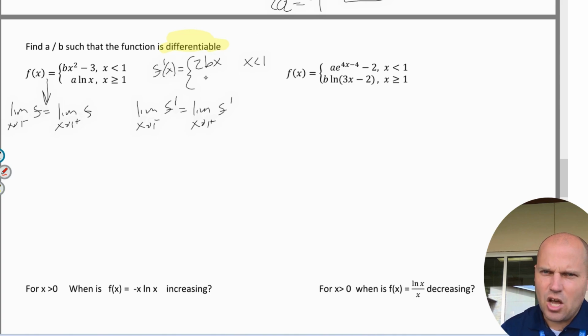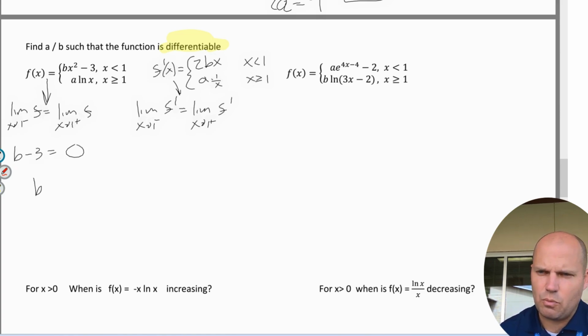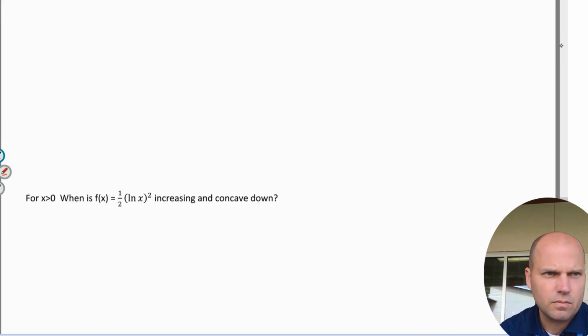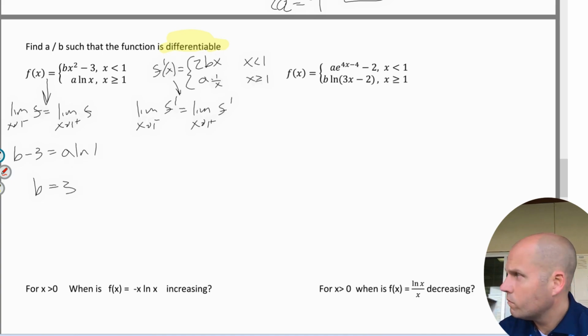And then you got a log x, the slopes are going to be a times 1 over x. Cool, and then we just check both sides and both things, f and then f prime, making sure they equal each other. I get b minus 3 equals 0, so b has to equal 3 because the log of 1 is 0. So natural log of 1 is 0 times a is 0, so I get b is 3.